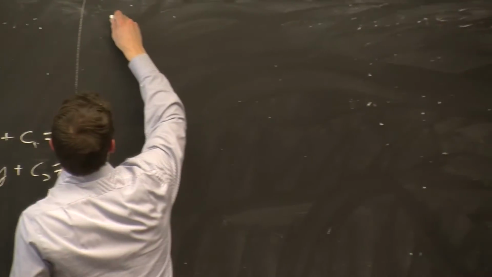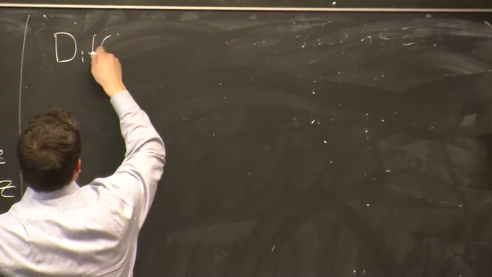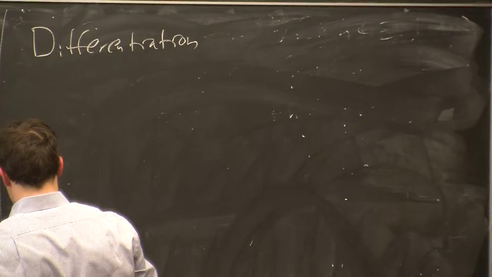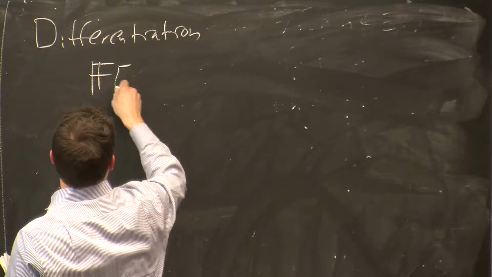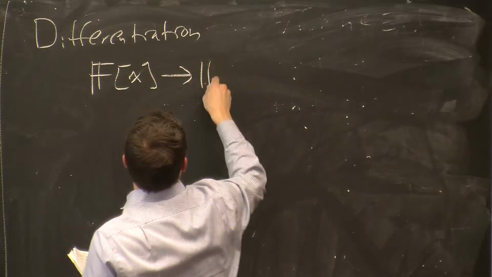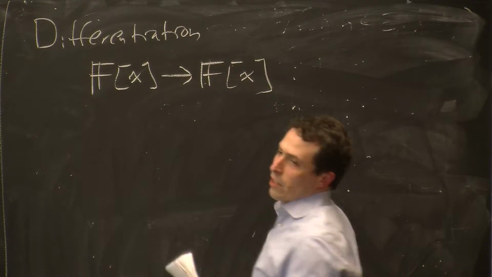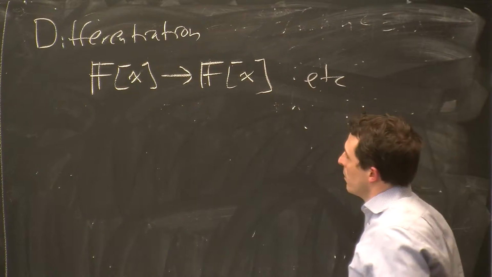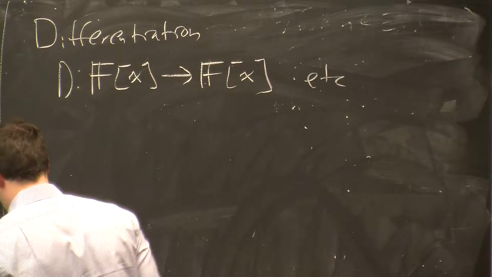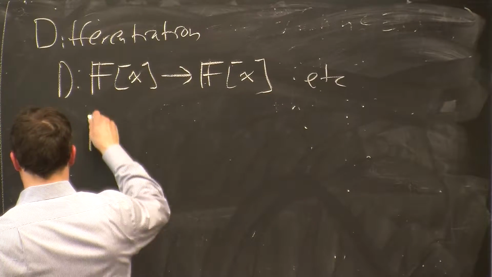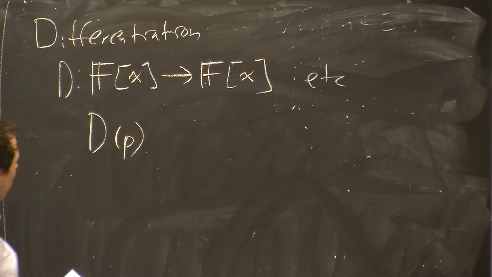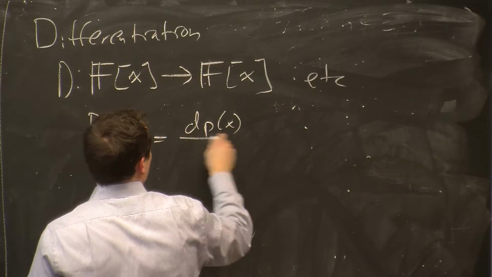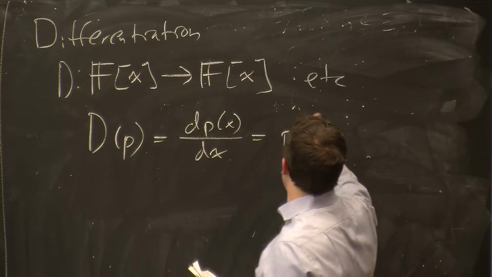Two other examples that are important, which are not of this form, are from calculus: differentiation and integration. Differentiation you could think of as a linear transformation from polynomials to polynomials. It works for other functions, but it's nice for polynomials, so let's restrict ourselves to that. The derivative of a polynomial p of x is dp of x dx, or p prime of x, depending on your notation.